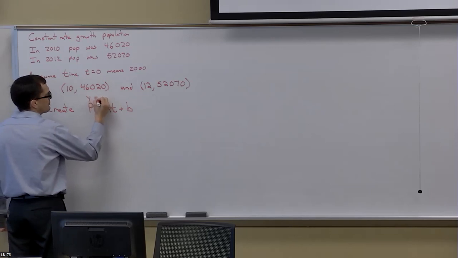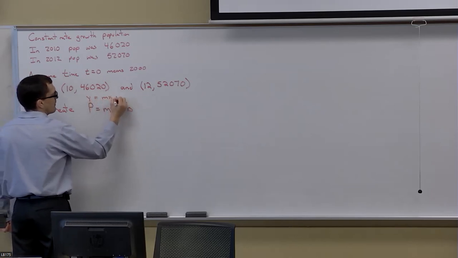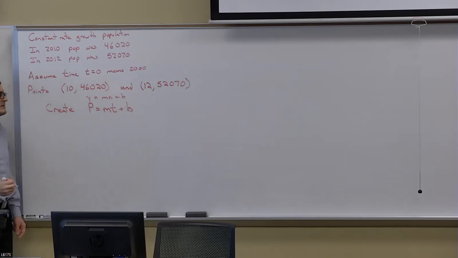That's going to be my output value. So instead of using X's and Y's, I'm going to use P for population, and I'll use T for time as my X. It's the same exact thing we've been doing, just using different letters instead of X's and Y's. Is that right?